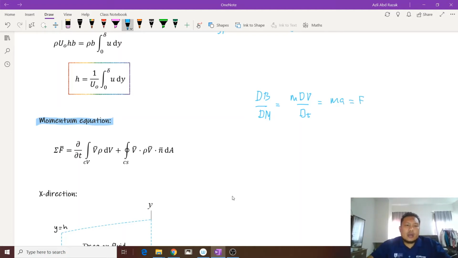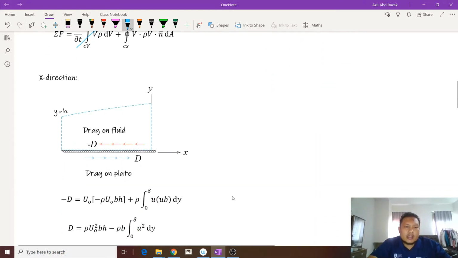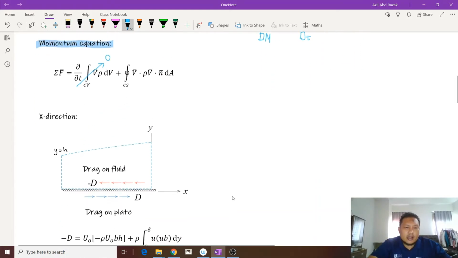All right, so now the force is equal to, if we differentiate this with respect to the control volume, it doesn't change with respect to time, and this one also equals 0, similar to the previous one, and then this one we have v dot rho v dot n dA. All right, so we solve in the x direction. First, we look into the x direction.